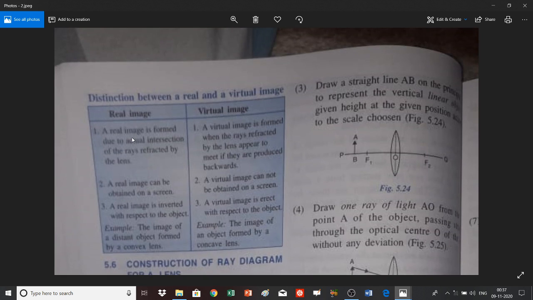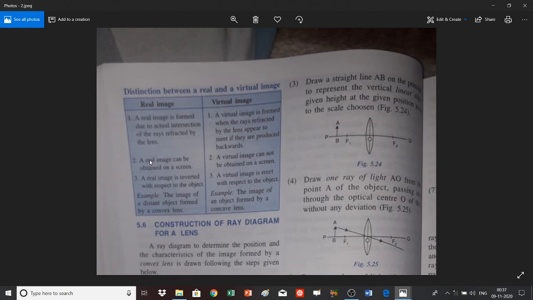First, a real image is formed due to actual intersection of the rays refracted by the lens. And in case of a virtual image, the rays do not meet at a point, but they appear, after refraction from a lens, to be coming out from a point.